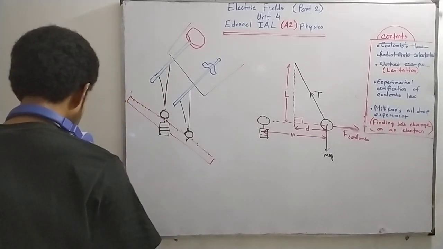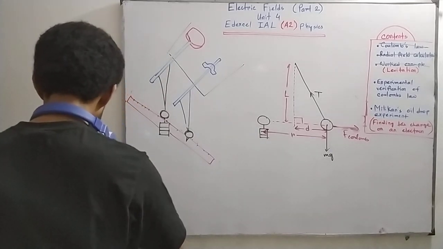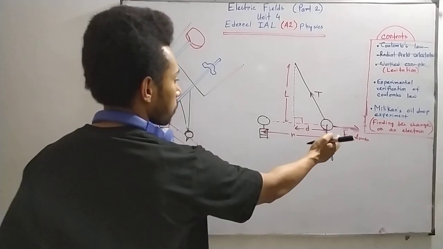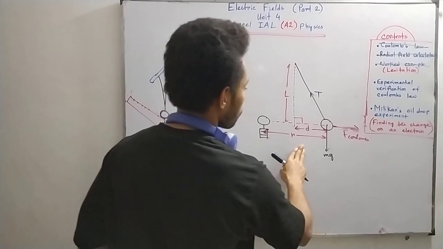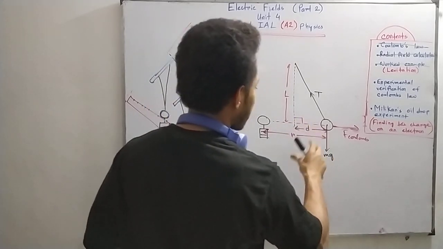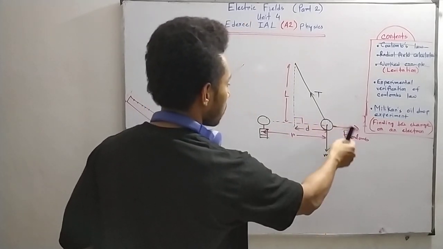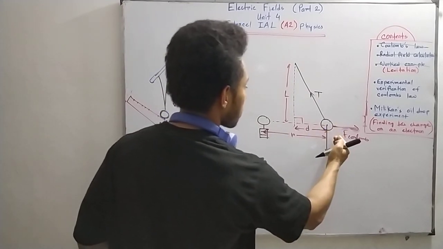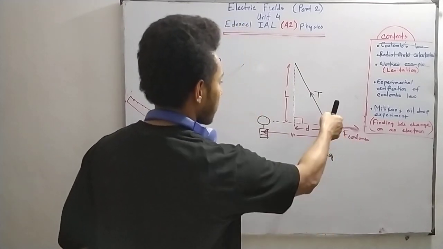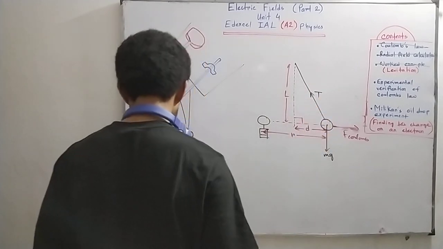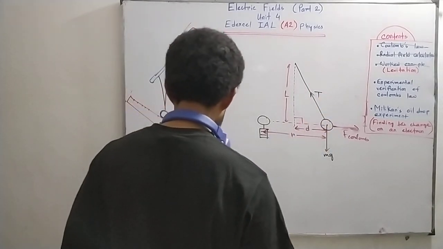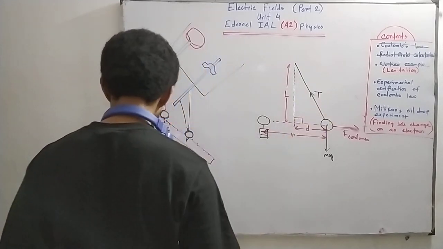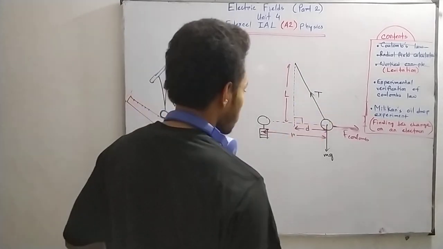Figure 2 actually shows the forces. This second figure I have drawn shows you the forces acting on the lighter ball: the Coulomb force, or the electro-repulsive force, the weight, and the tension in the line. By resolving and equating the horizontal and vertical components of the tension, we can develop a method.